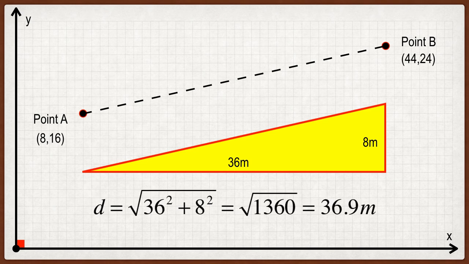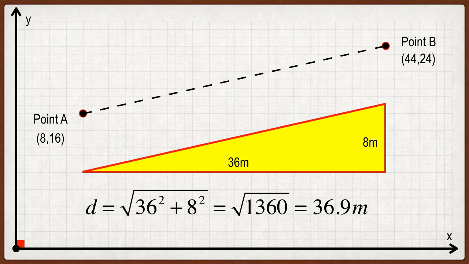So here's your calculation. 36 squared plus 8 squared equals 1360. You take the square root, and that works out to 36.9. I usually put the symbol M for meters at the end. I don't put it inside those big square roots.